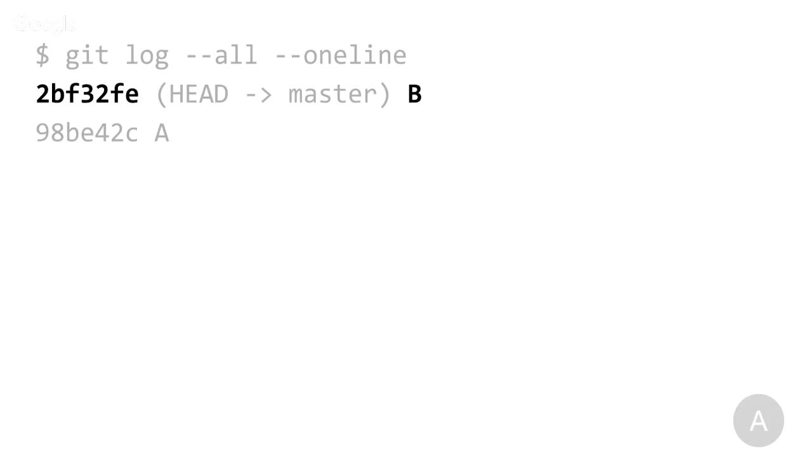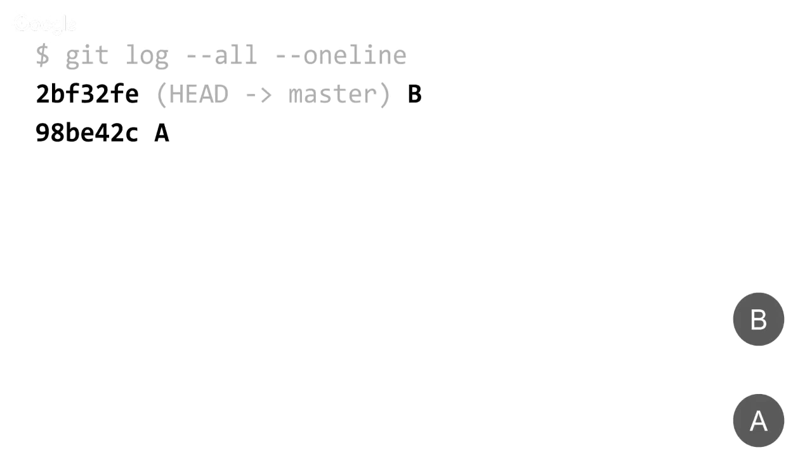Let's draw it. Those two commits are printed one after the other. By default, git log displays all the commits that are on our branches in a specific order, where we've got the parent commits on the bottom, and then child commits at the top.